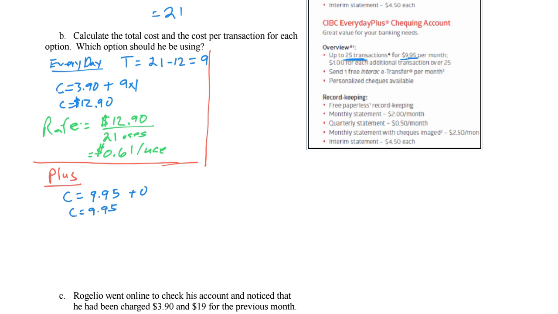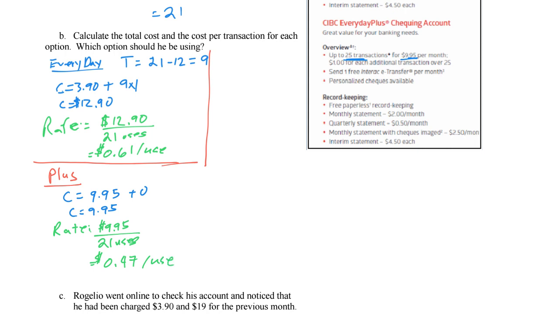So the next thing we're going to do is compare the rate per use for this one. In this case, it's $9.95 divided by 21 uses, which gives us 0.47, so 47 cents per use.